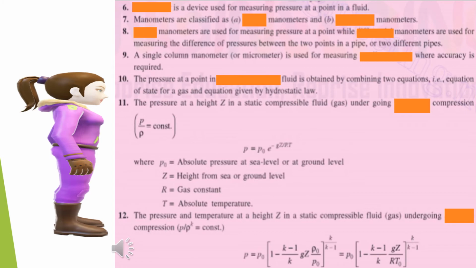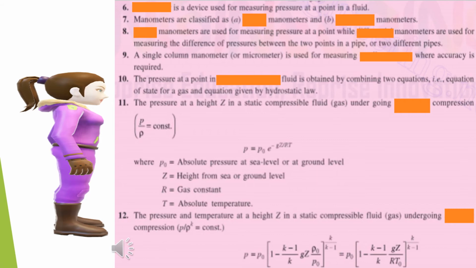Eleventh one, the pressure at a height z in a static compressible fluid undergoing dash compression: P by rho equals constant, where P0 equals absolute pressure at sea level or ground level, z equals height from sea or ground level, capital R equals gas constant, T equals absolute temperature.